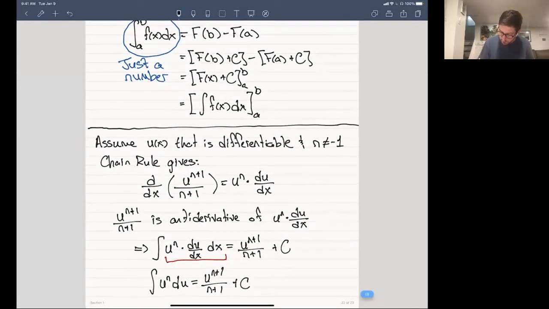I was given this line right here, and it was complicated and it was ugly. It was u to the power of something. In my case, n was equal to 5. And then the derivative of u was actually hanging out on the back there. And with that substitution, I'm allowed to move to a much simpler integral, right?